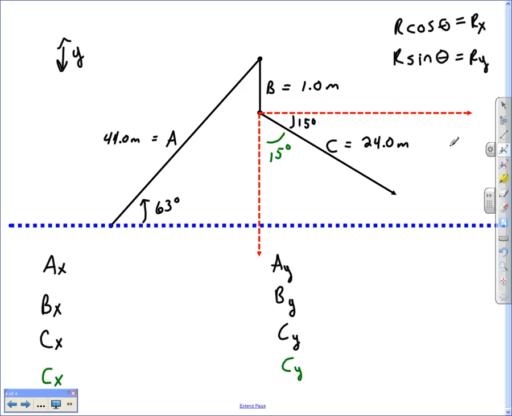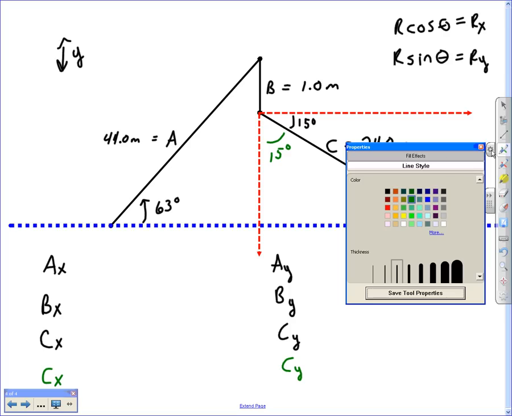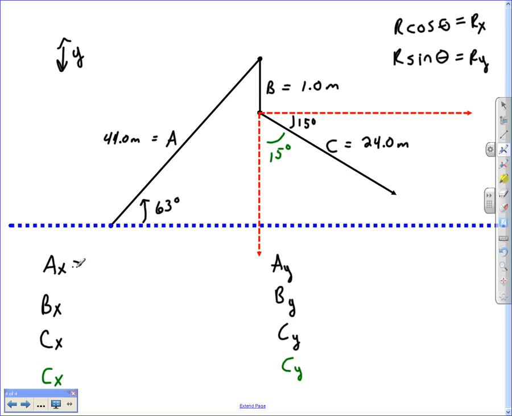Okay, if you did the calculations correctly, here are the values you could have expected to see. For AX, you should have gotten about 19.976.